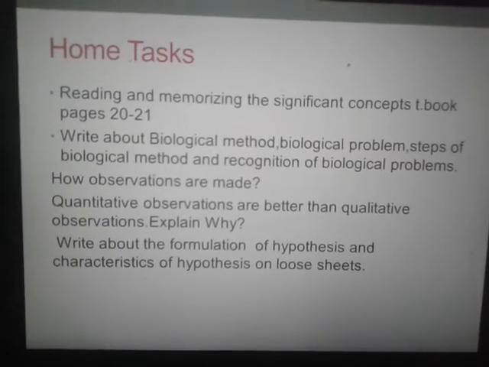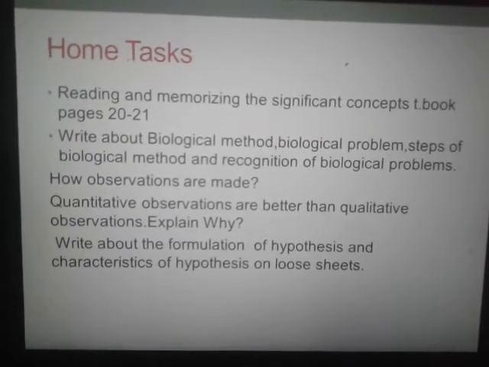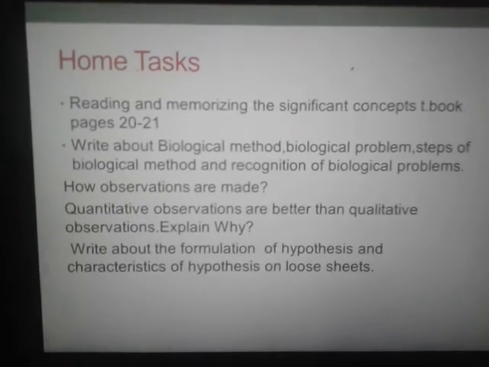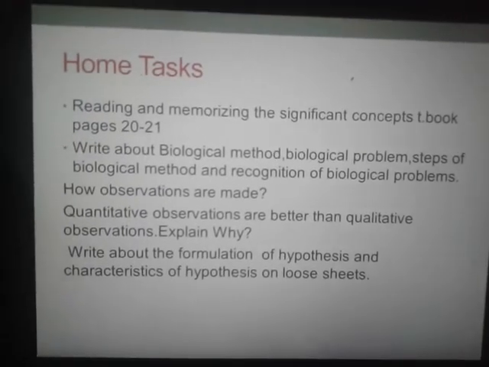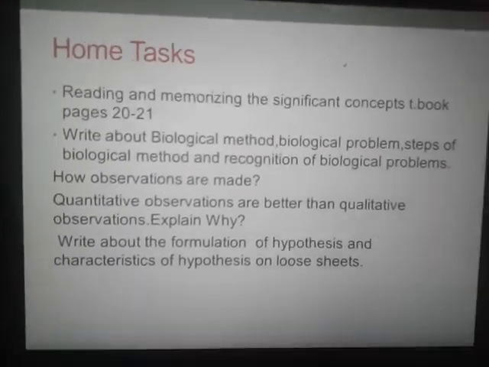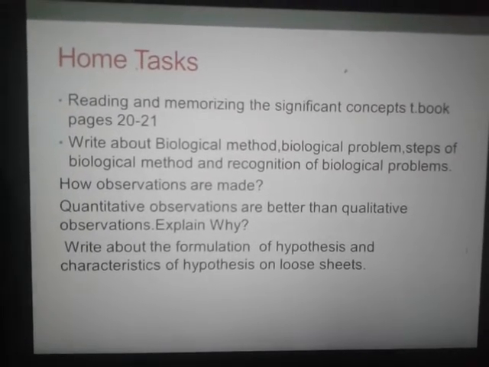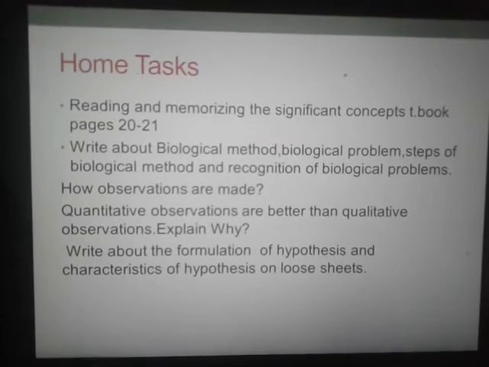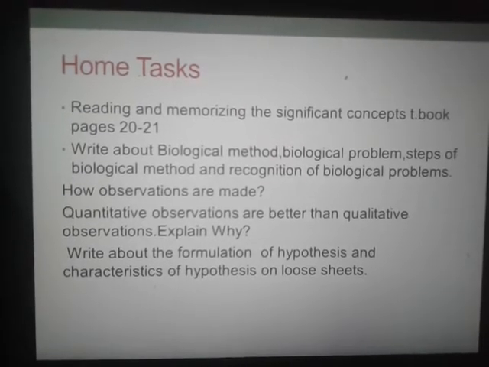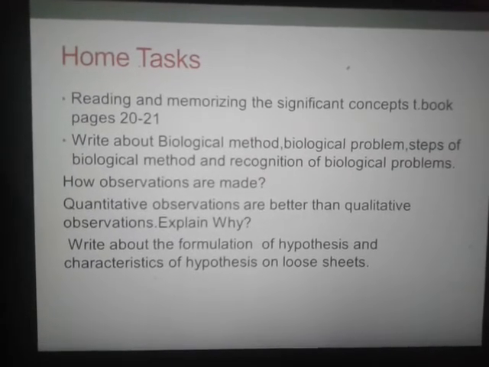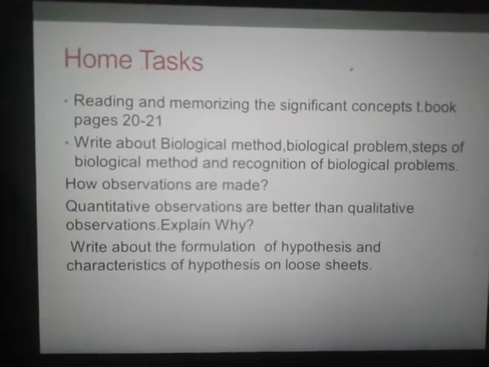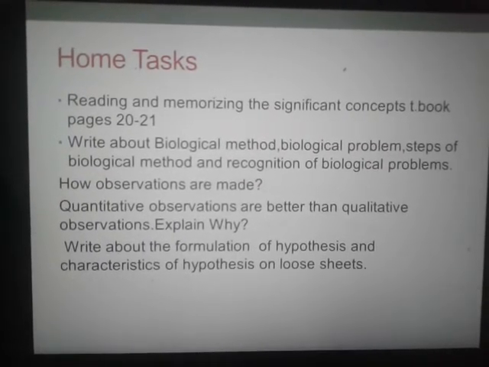Home tasks for day 1 are reading and memorizing the significant concepts from textbook pages 20 to 21. You have to write about biological method, biological problems, steps of biological method, and recognition of biological problems. How are observations made? Quantitative observations are better than qualitative observations.